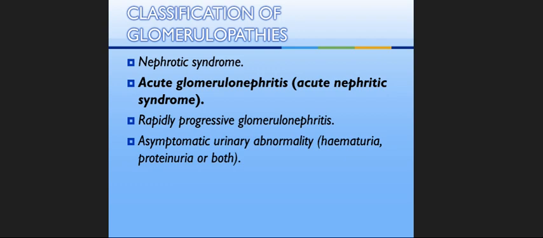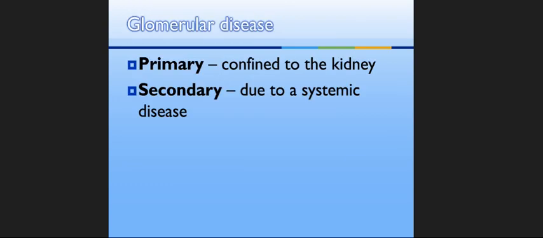Again, glomerular disease is classified according to whether it is primary or secondary. When it is primary, this means that the glomerular disease is confined to the kidney itself, and this situation arises from the intrarenal tissue. It is kidney related only.